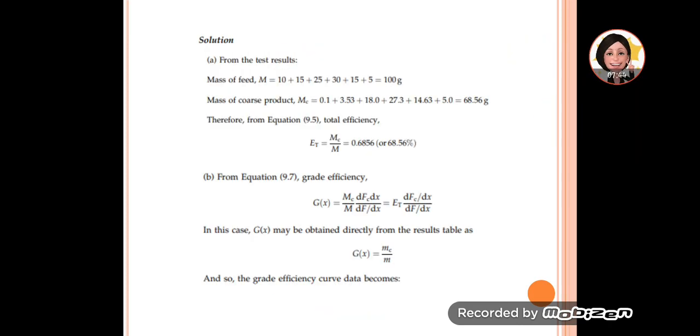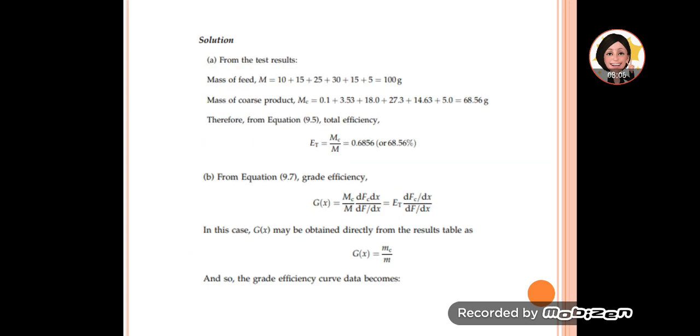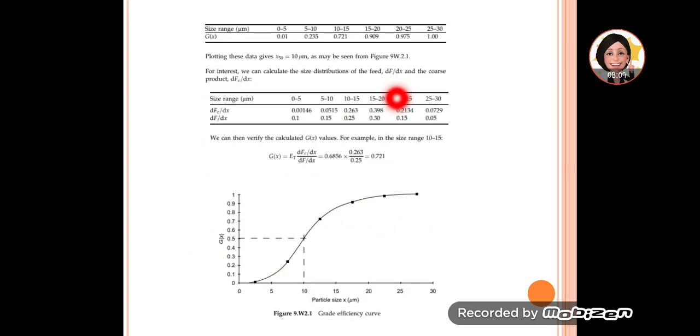In this example, we just use directly the mass. So we just divide the mass of cost product for each grade over the total. For example, 0.1 divided by 10, you get 0.01. 5 divided by 1, you get 1. So this is how we get this table, grade efficiency.